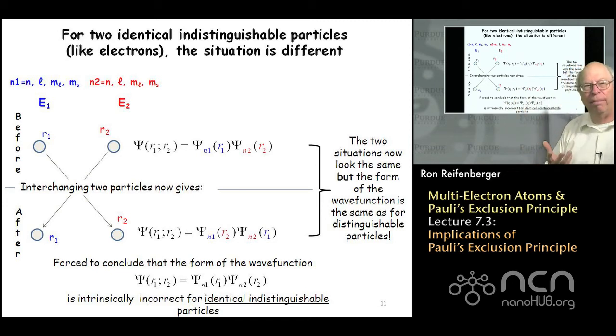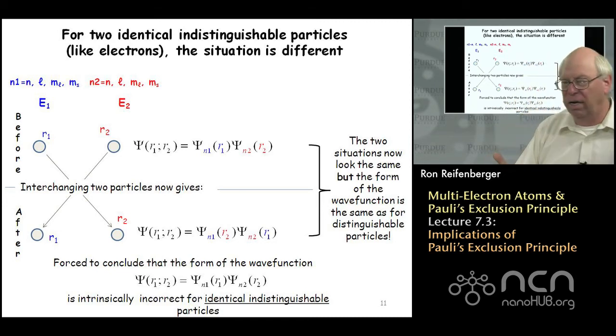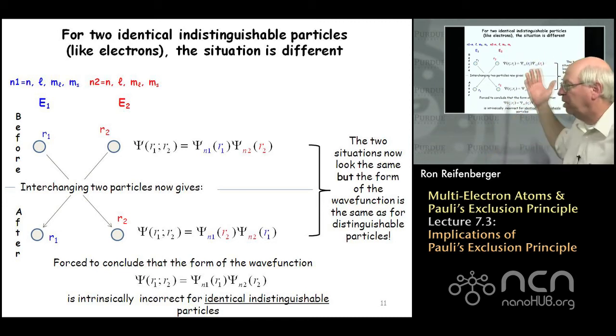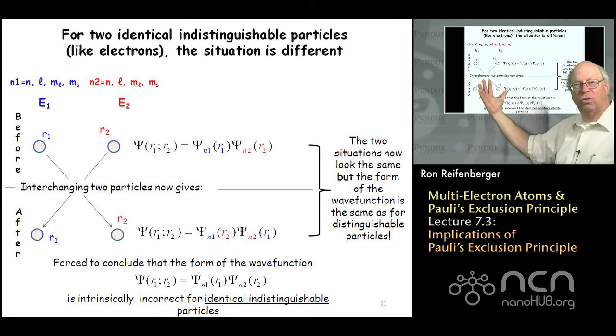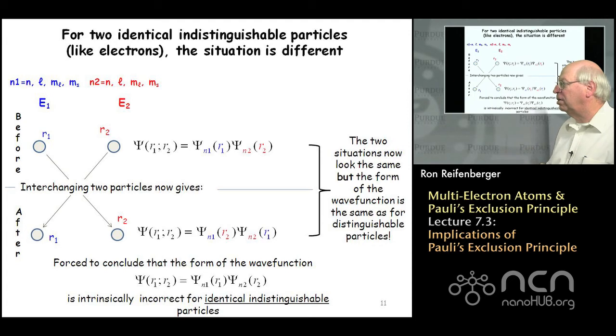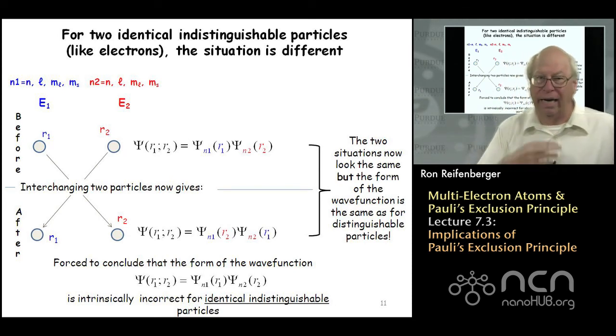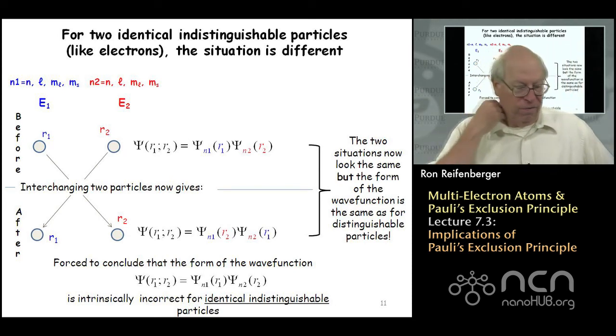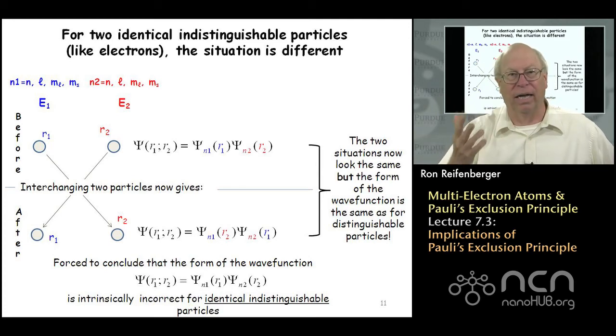So there's an incompatibility here, a fundamental inconsistency between the mathematics and the physical situation. And this inconsistency forces me to conclude that I can't use this form of the wave function when the particles all look the same. And that, of course, is the case for electrons and atoms.